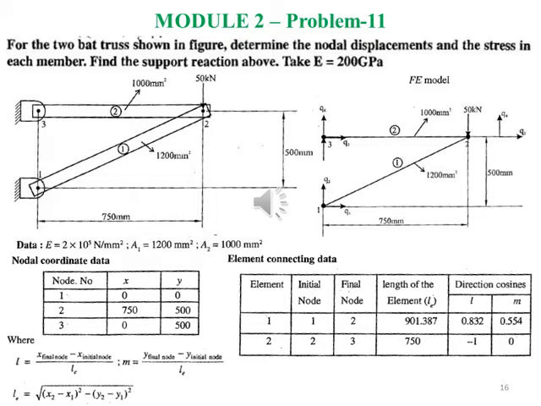We can calculate the length of element 1 by applying the Pythagoras theorem, which is equal to square root of 750 square plus 500 square.